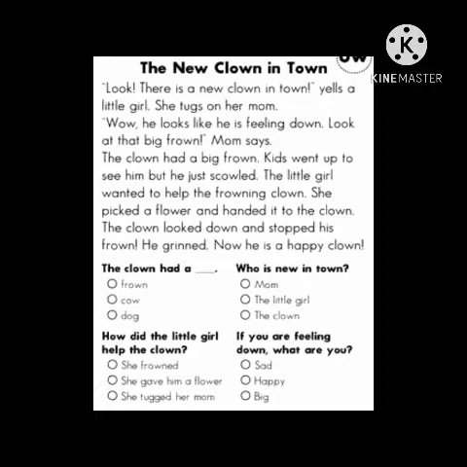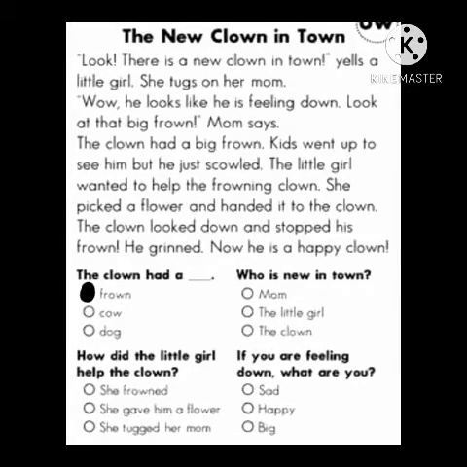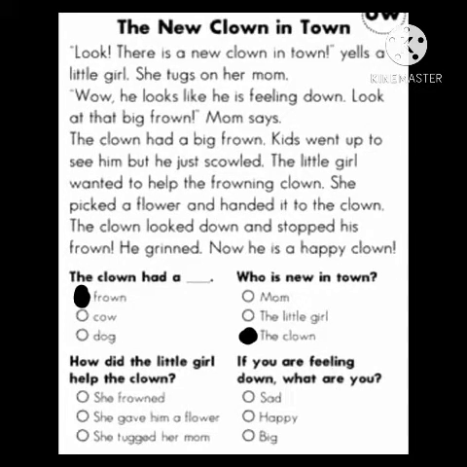Now you have to answer the questions that follows. The clown had a frown. Yes. Who is new in town? Mom, the little girl or the clown? Yes, the clown. How did the little girl help the clown?